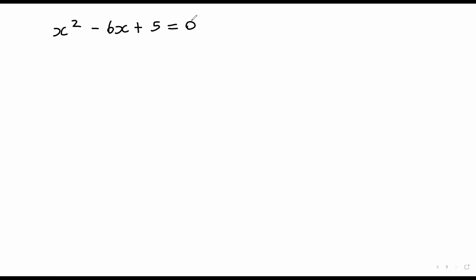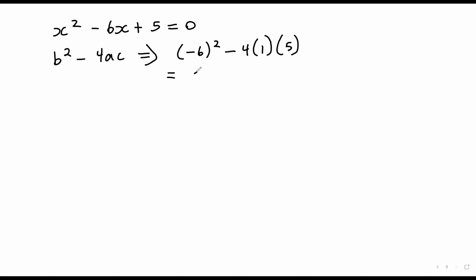So if we find the discriminant here, b squared minus 4ac, b here is negative 6. So it'll be negative 6 squared minus 4 times a, which is 1, times c, which is 5. Negative 6 squared is 36, minus 4 times 1 times 5 is 20.